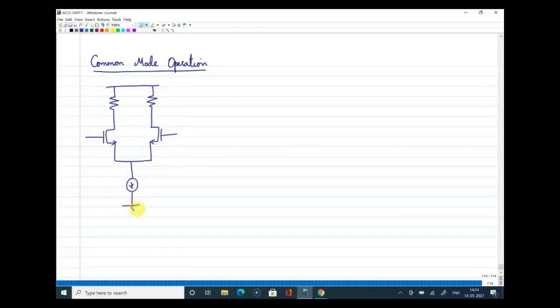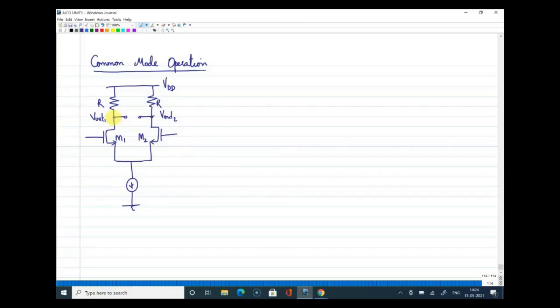I was telling the value of it, we call it ISS. So this is VDD, R and R. This is M1, this is M2, and these are the outputs. So the mark here, this is Vout1 and this is Vout2. Still, I am not talking about the small signal operation. That is why I am just using capital letters.